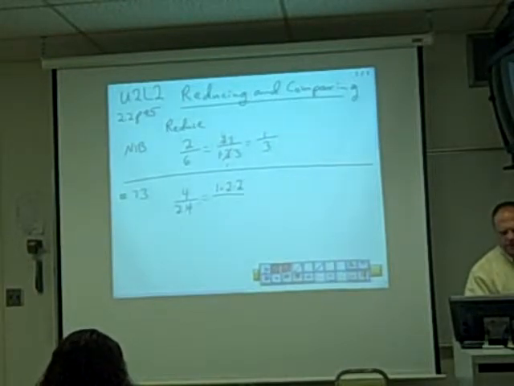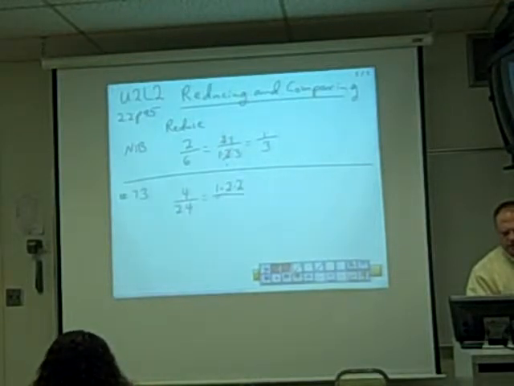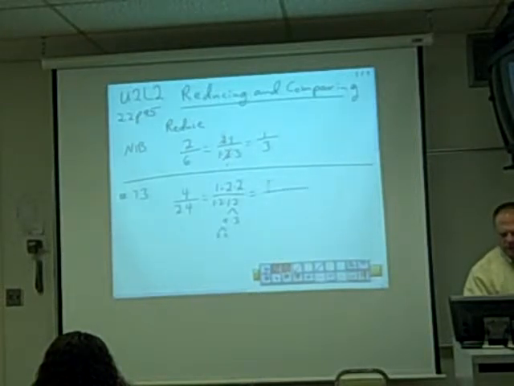And 24, that can be broken down into, well, 2 can divide into 24 how many times? 12, right? And 12 can be broken down even further, into 4 times 3, and 4 can be broken down into 2 times 2. So what you have here is 1 times 2 times 2 for 4, and here you have 1 times 2 times 2 times 2 times 3, if you wanted to break it down into its prime factors.